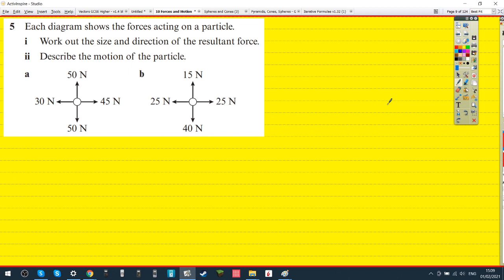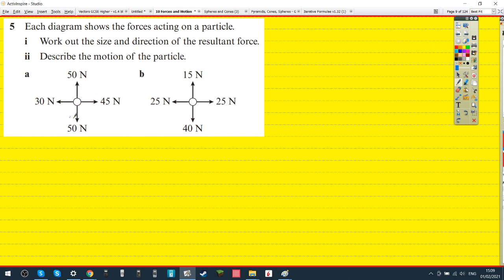So here is the resultant force 0 for A. The resultant is just like overall, doesn't have to be up or down.